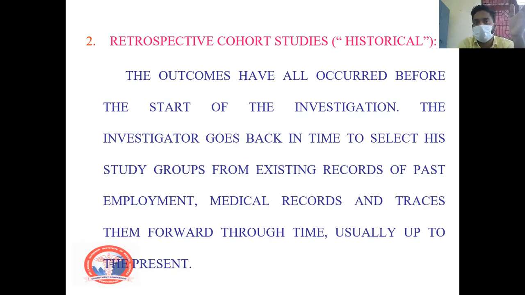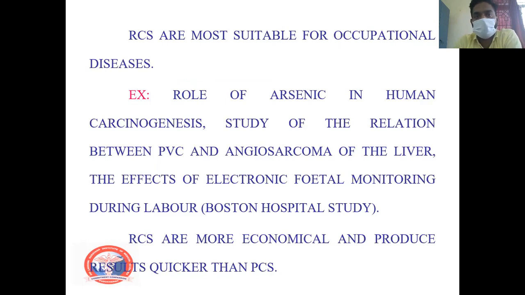Very clear? The outcomes have all occurred before the start of the investigation, just like a case control study. The investigator goes back in time to select his study groups from existing records of past employment, medical records, and traces them forward through time, usually up to the present. Right? This is a retrospective cohort study.